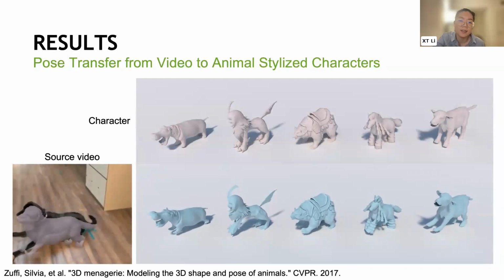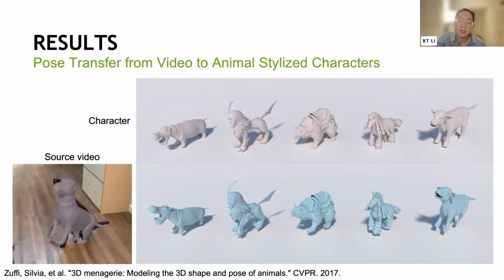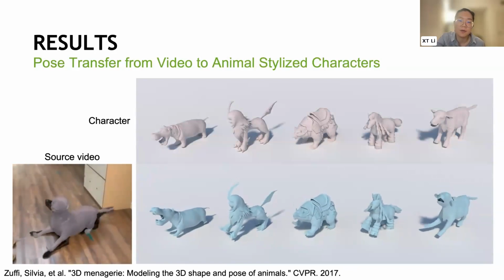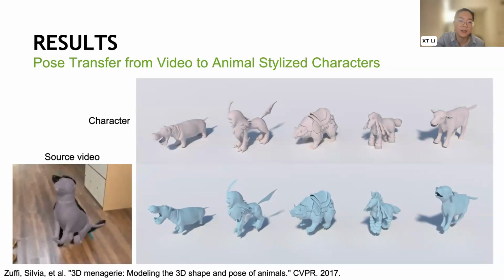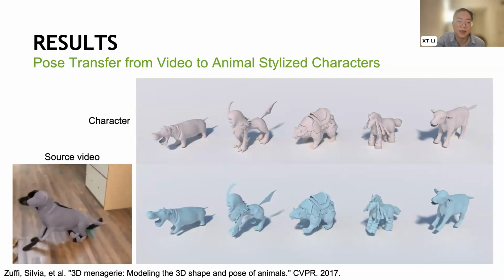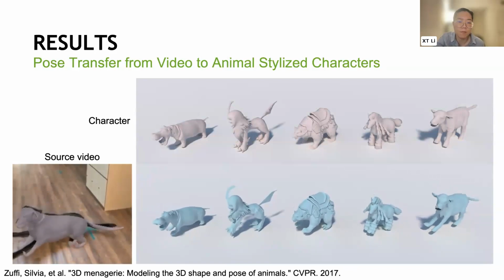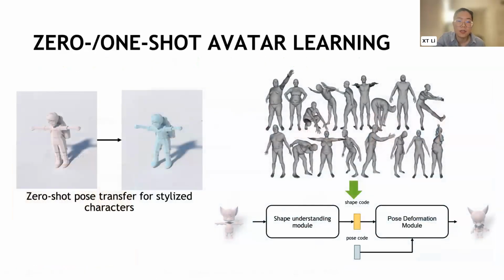In this case, zero-shot is really important because for animals, it's even harder to collect rigged meshes than for human-like characters. So this concludes our zero-shot avatar learning work, where we learn a pose transfer model with posed human data and apply it to unseen stylized characters in a zero-shot manner during inference.